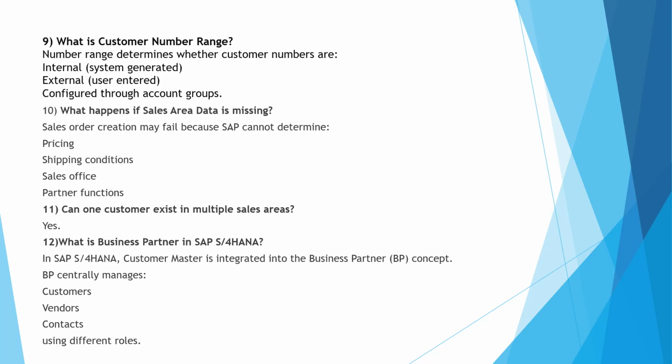BP centrally manages customers, vendors, and contacts using different roles. So vendors, contacts, and customers can all be created together in S/4HANA as a BP, business partner. But in ECC we do it separately.